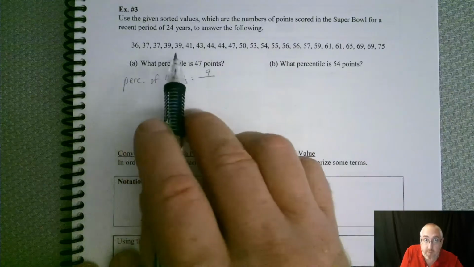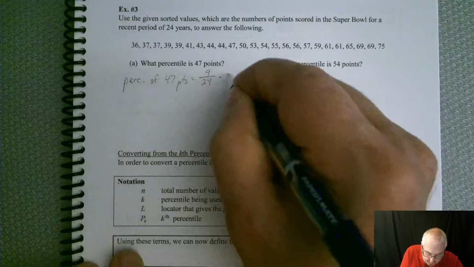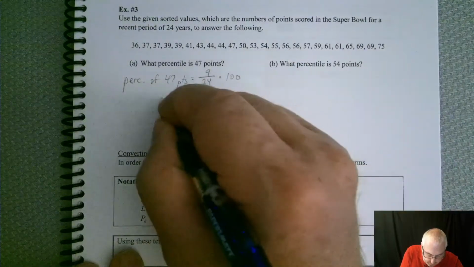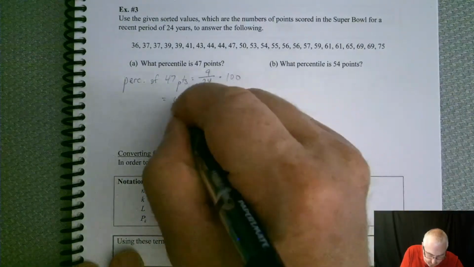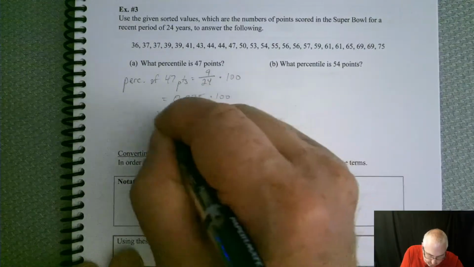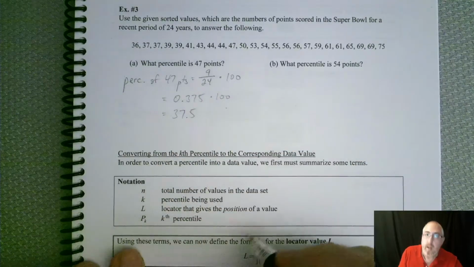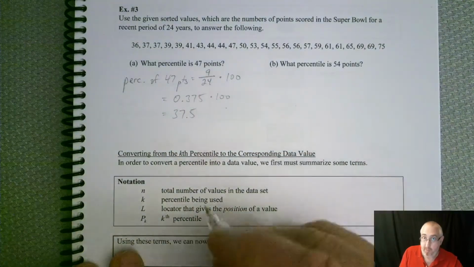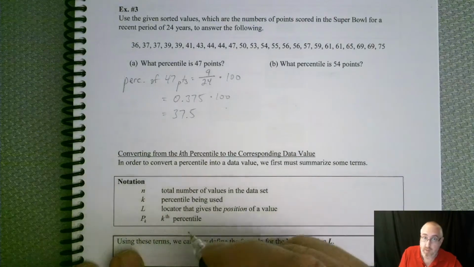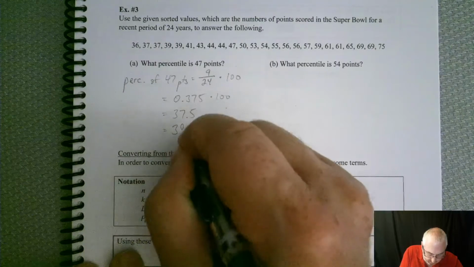Over the total number of values, which we know is 24. And then times it by 100. So that means we get 0.375 times 100, which is 37.5. Now, based on what the formula said before, we always want whole numbers. So we're going to round this up to 38.